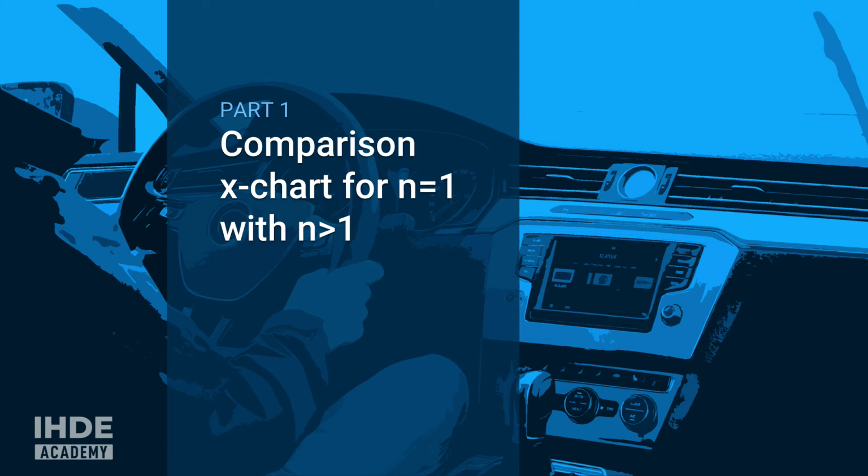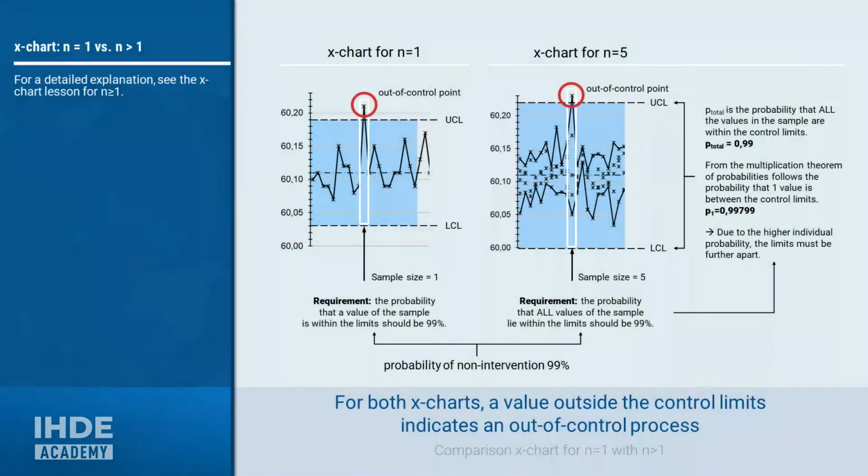Let's revisit the differences between an X chart for a sample size of 1 and an X chart for a sample size greater than 1. You may already be familiar with this plot from the lesson on designing an X chart for any sample size. Therefore, here is just a brief summary. The starting point is always to choose a non-interference probability in the process.